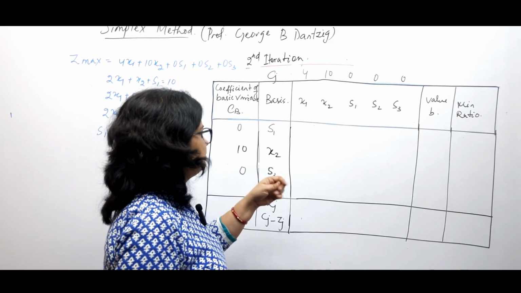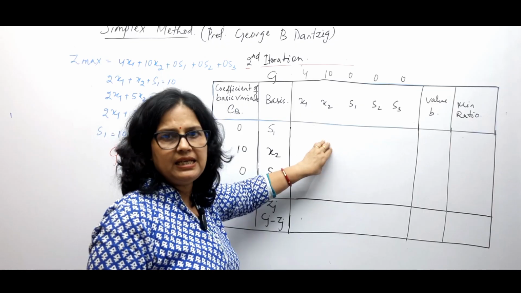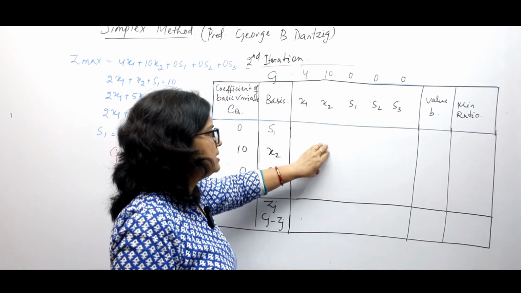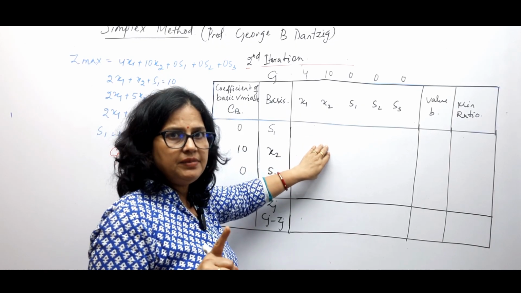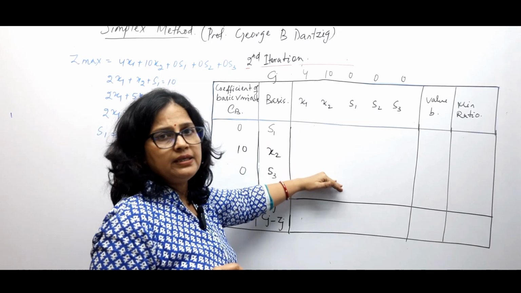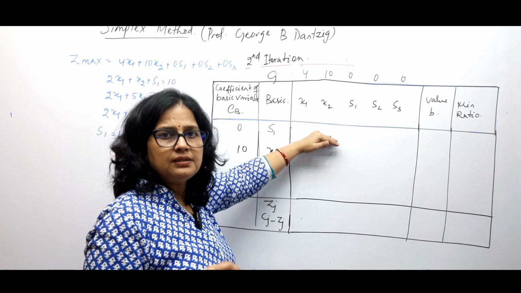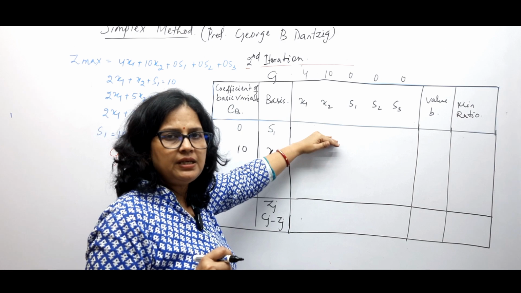So what do we need to do? In our previous table, we have identified our key element. So in this table, we have to make the key element 1 and the other two values of the column 0.